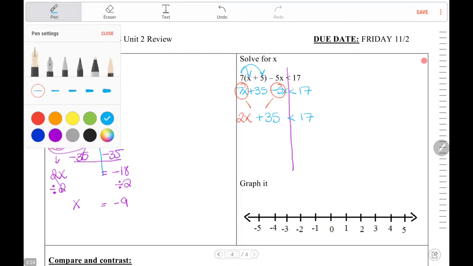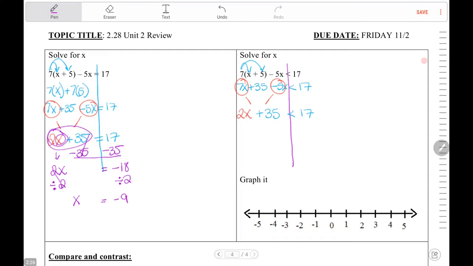And now I'm going to use my inverse operations, just like we did when we did equations on the left. Okay, now I'm going to divide by 2. And we get x, negative 9.